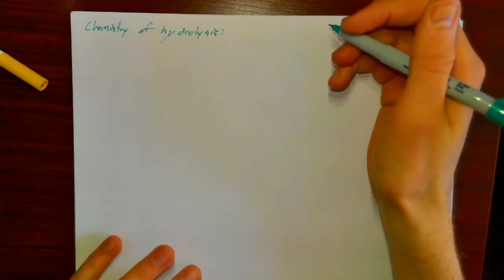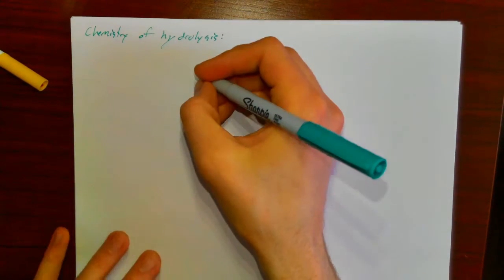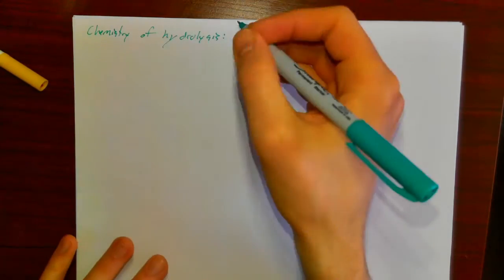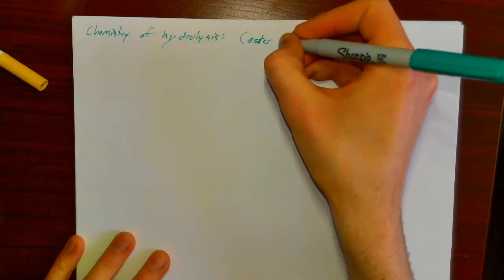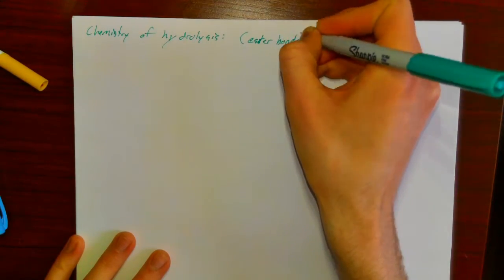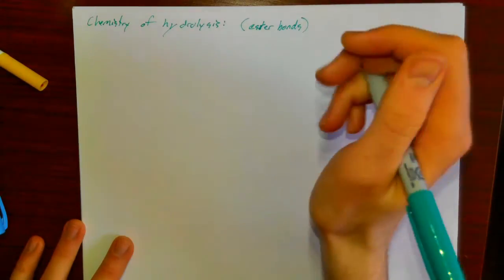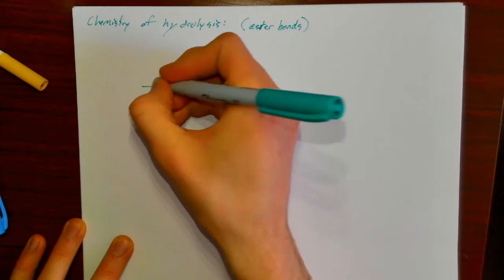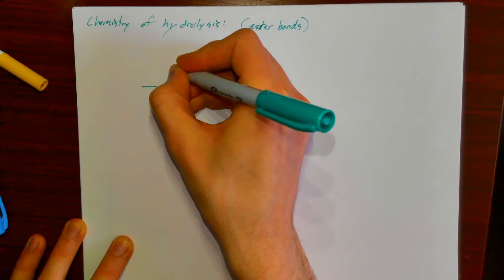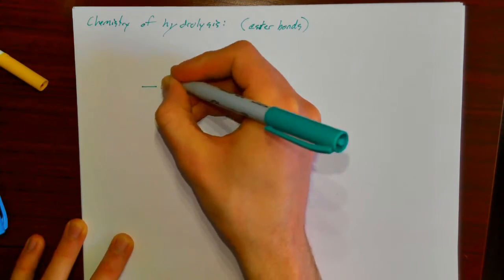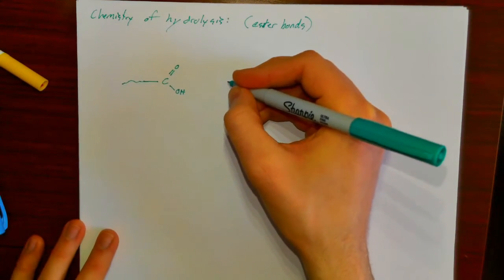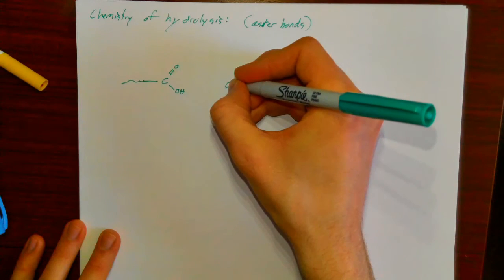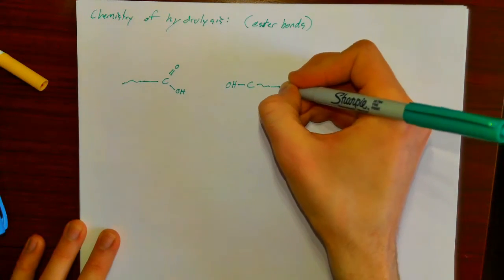So what does hydrolysis look like? We're going to do so for ester bonds, just as a case study. If you remember, ester bonds are formed by the reaction of a carboxylic acid group. So we had one polymer chain with the carboxylic acid group, and then another with an OH group.